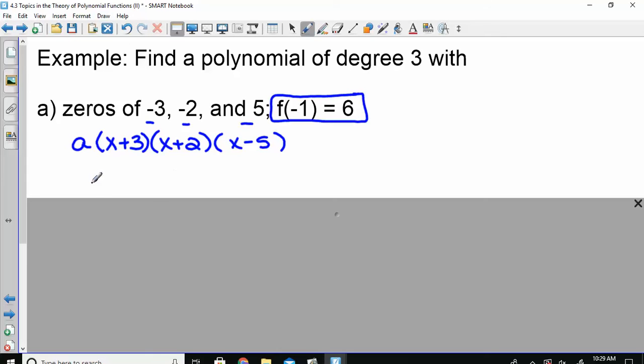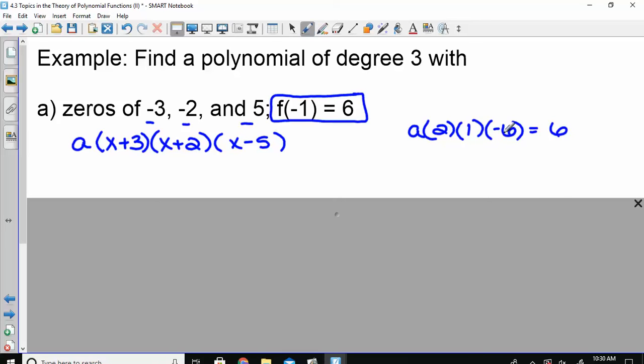We need to figure out what that is. So I'm going to plug in my negative 1. Negative 1 plus 3, 2. Negative 1 plus 2. Negative 1 minus 5. When I do that, this whole thing should equal 6.